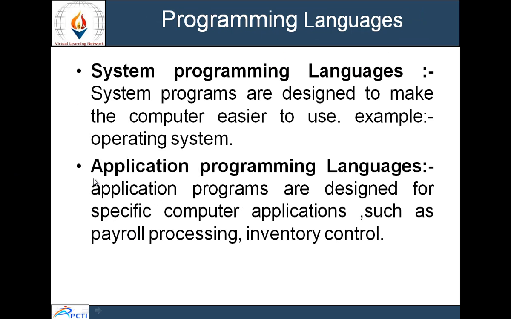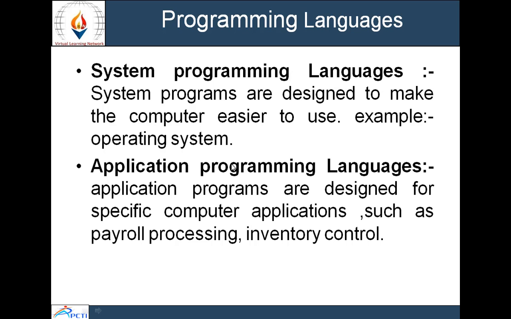Programming languages. There are different programming languages. First is system programming languages and application programming languages. System programs are designed to make the computer easier to use, for example, operating system.